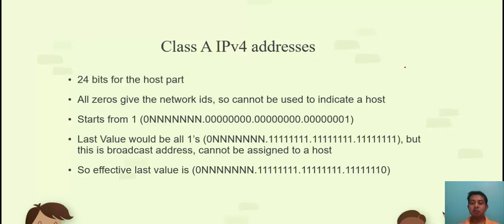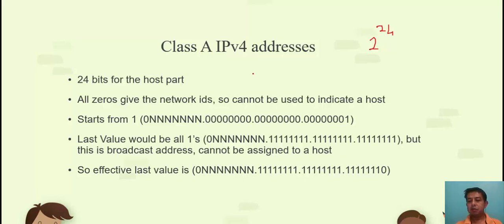So now the hosts have to be numbered. How many bits are left for the host part? 24 bits, because 8 bits were used for the network part. So how many computers can be connected? We have already seen we can connect 2 to the power 24 computers, since I have 24 binary bits for my host part.